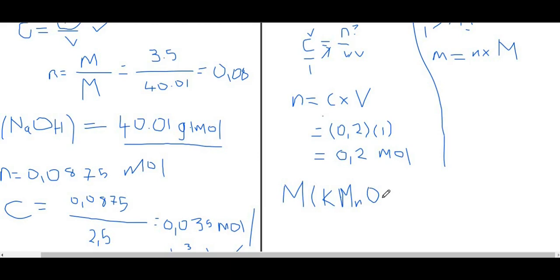When I did the calculation, make sure you also get the same value. The molar mass of potassium permanganate is going to be around 158 grams per mole.